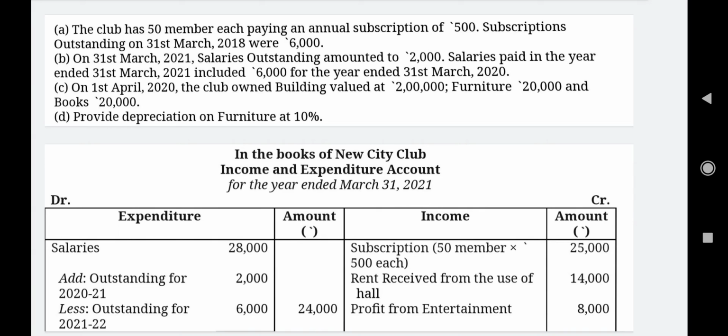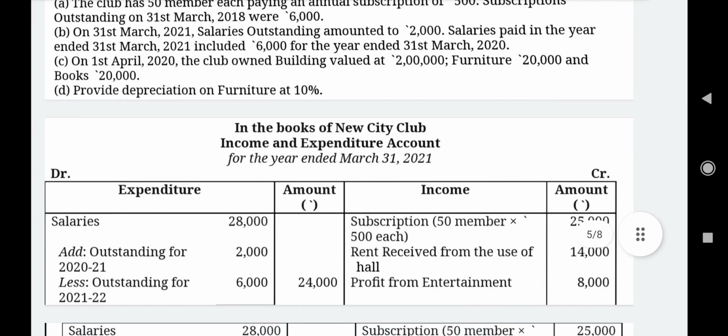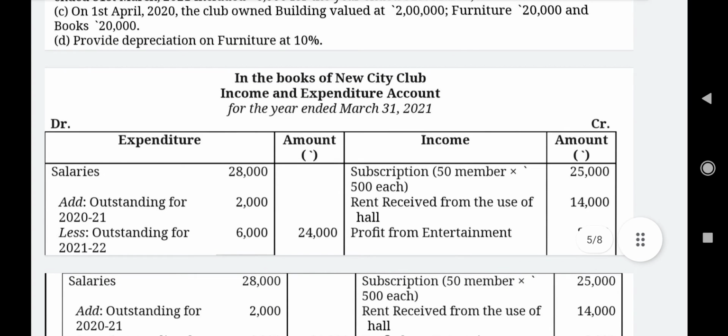Now you have the adjustment on the salary. The adjustment is what? The 2,000 salaries outstanding, so you should add it. Salaries paid in the year ended 31st March included 6,000 for the year ended 31st March 2020, meaning last year's outstanding. You should deduct it. Current year outstanding you add, last year outstanding you deduct. Got it? So you have 28,000 plus 2,000 minus 6,000.